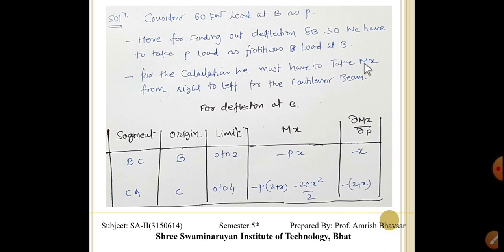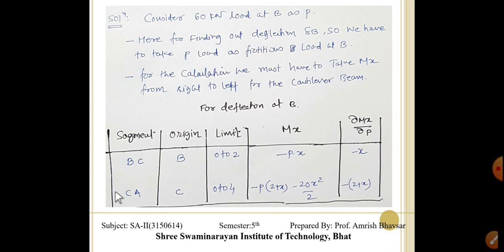For the calculation, we must take Mx from right to left for the cantilever beam. As we know, whenever we find the moment at point X for a cantilever beam, it must be from right to left, meaning reverse calculation must be done.